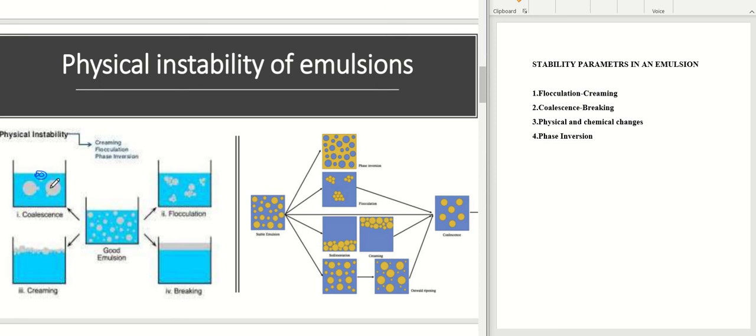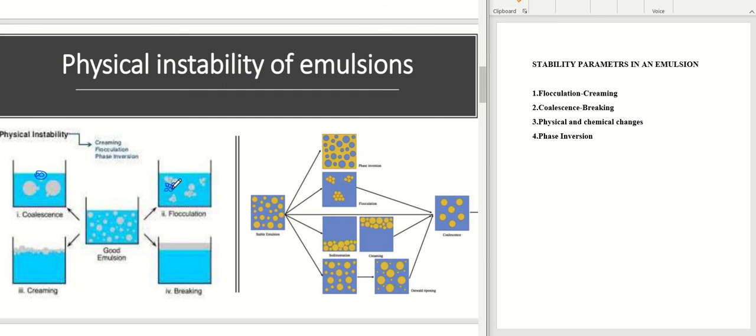Now, if this is left unattended, all the smaller globules will tend to come together. They'll form a group of smaller globules.